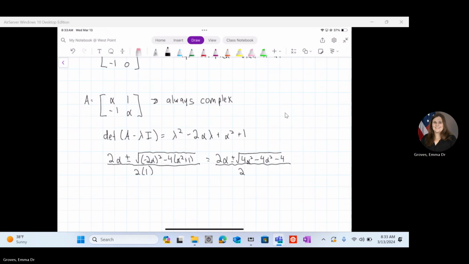In that case, you would have repeated eigenvalues, I think. So it would be always real, but it would be different from the unique eigenvalues case that we've been talking about.